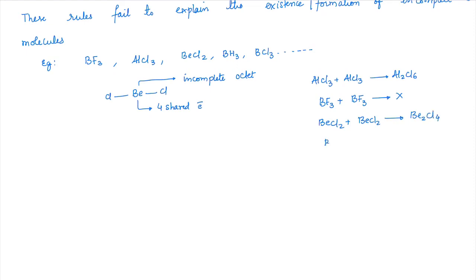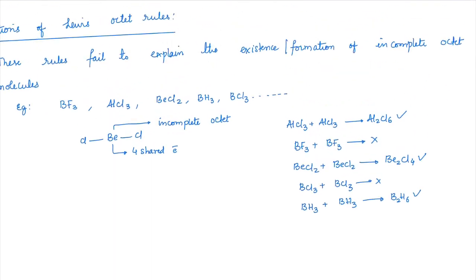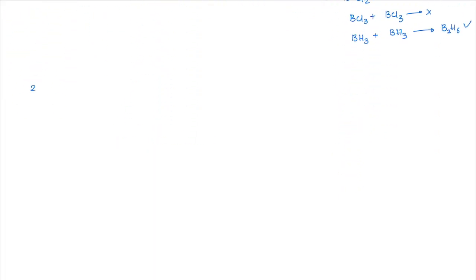But BCl3 does not form a dimer, while BH3 does form a dimer, B2H6. These three are valid. Why the others are not valid, I'll discuss when the chapter comes. But as of now, for problem solving, you will remember which will form dimers and which won't. This is the first example of incomplete octet.